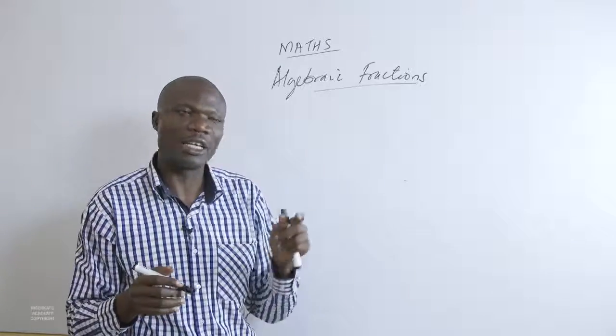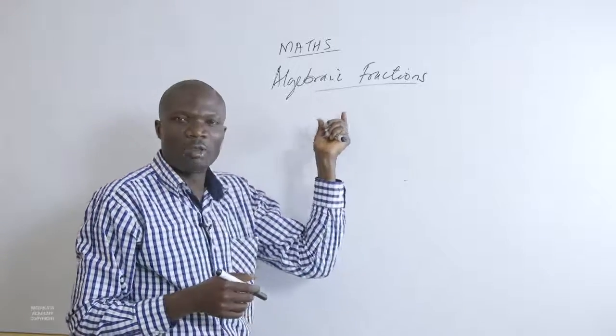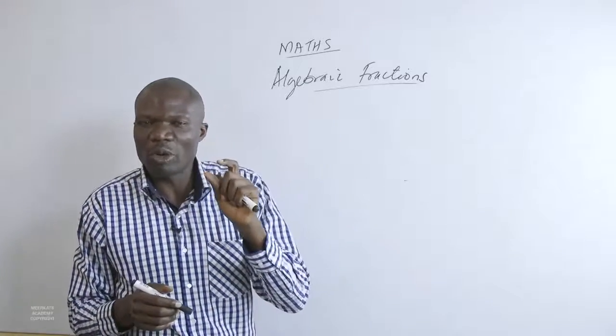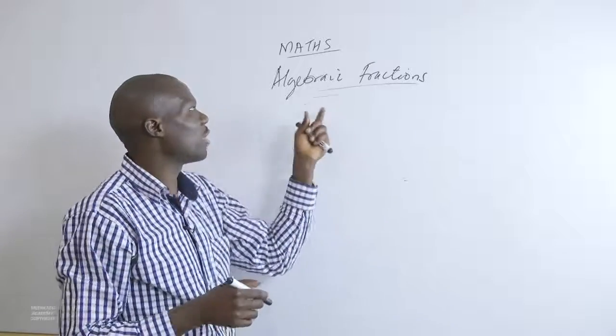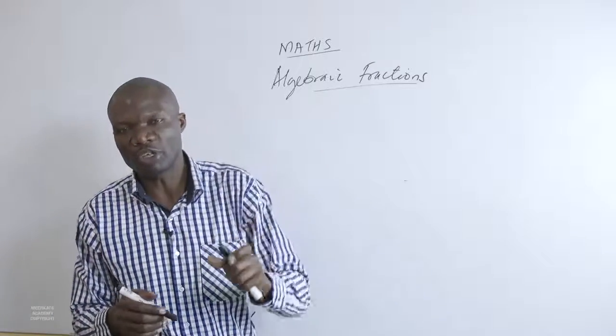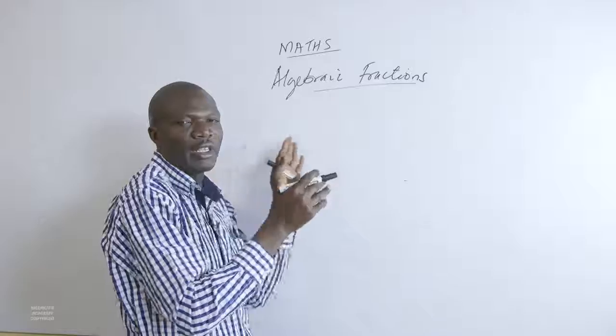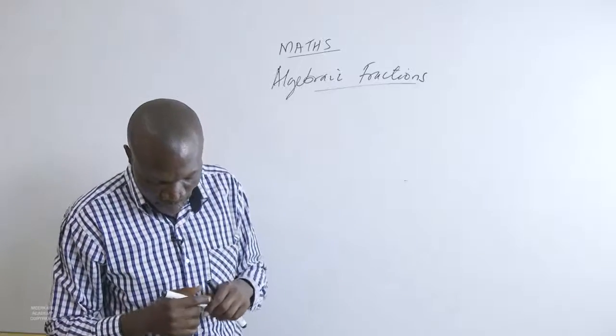If that is the case, then we shall treat that as an algebraic fraction. And the same way we handle equivalent fractions is the same way we shall handle equivalent algebraic fractions. So let us look at equivalent algebraic fractions.